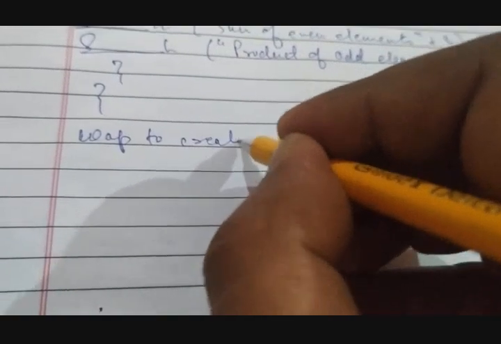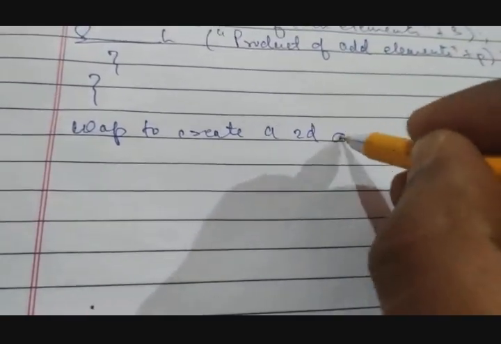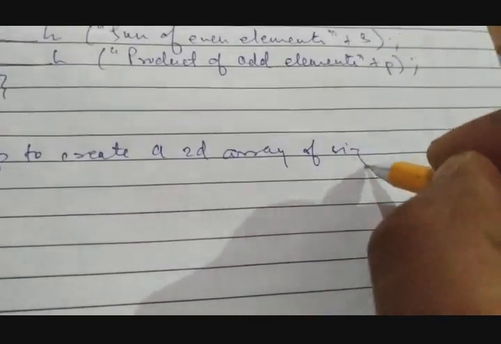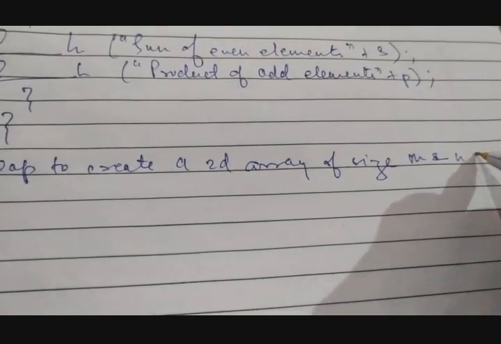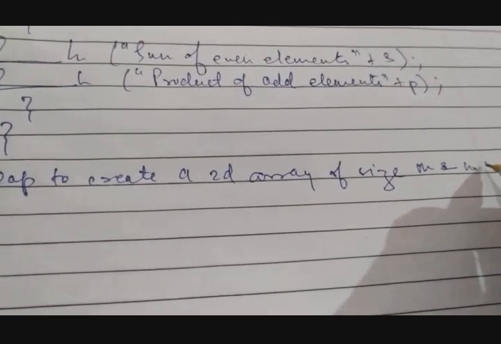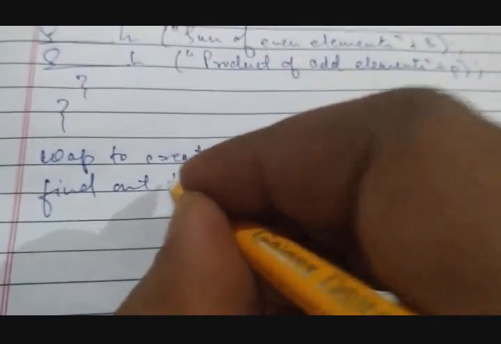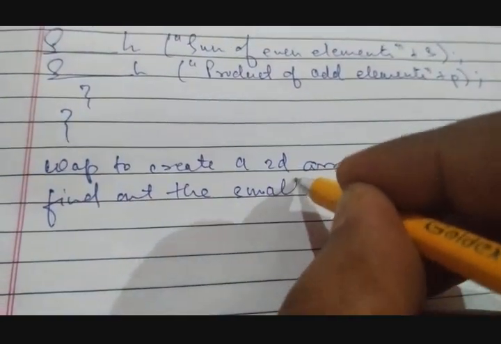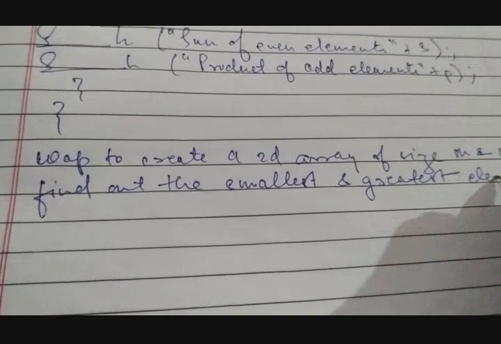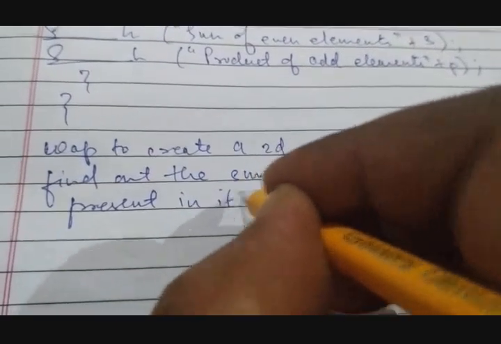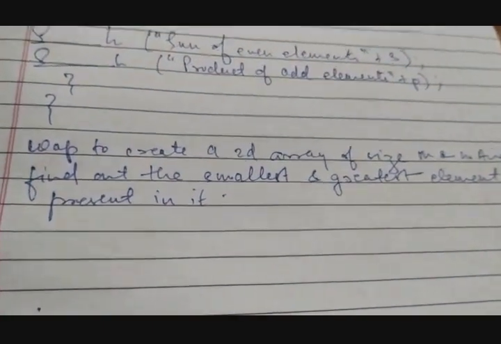So we have to create a 2D array of size m and n, and find out the smallest and greatest element present in it.